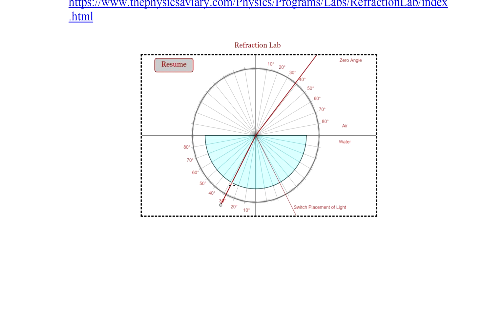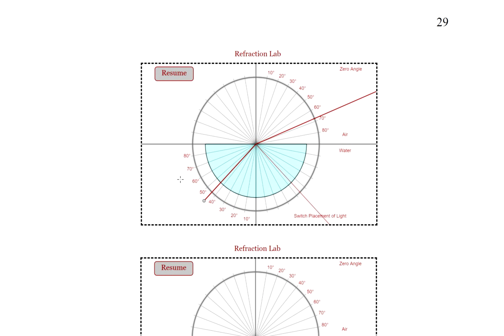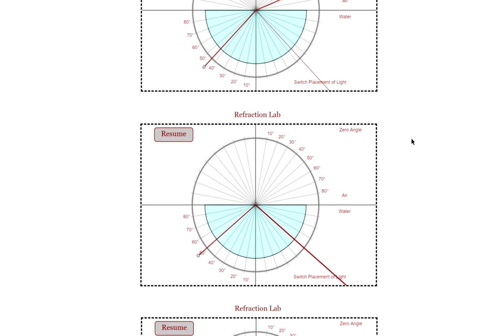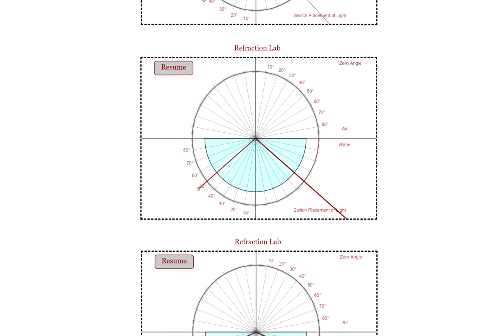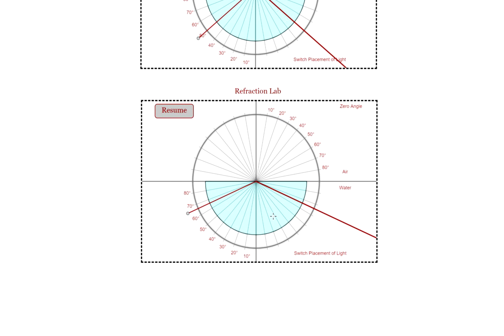As we increase theta, we have reflection, the thin line going back, and refraction. Here we're increasing theta, so we have reflection and we have refraction. Here we have now reached the critical angle. We have reflection but no refraction, nothing coming out of the other side. And here we've gone beyond the critical angle. Once again, you only get reflection, no refraction.